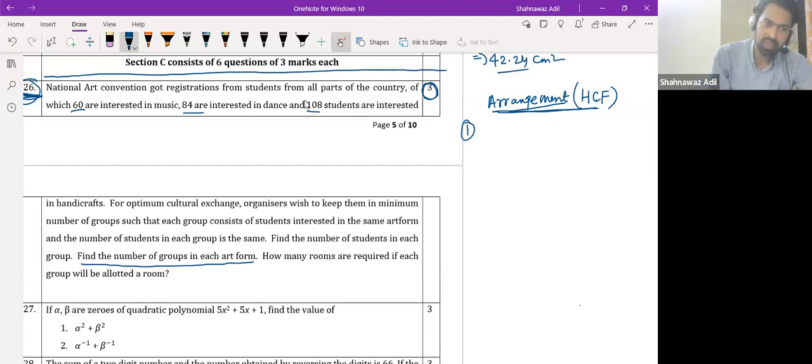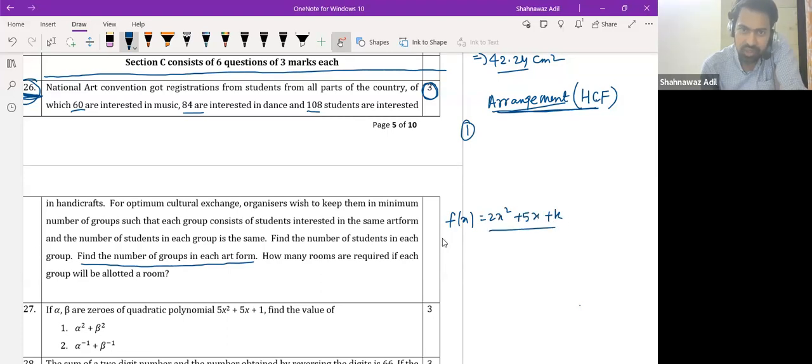So let me write it somewhere. Aisha's question. Aisha has asked that f(x) is 2x squared plus 5x plus k, such that alpha square plus beta square plus alpha beta is 21 by 4.